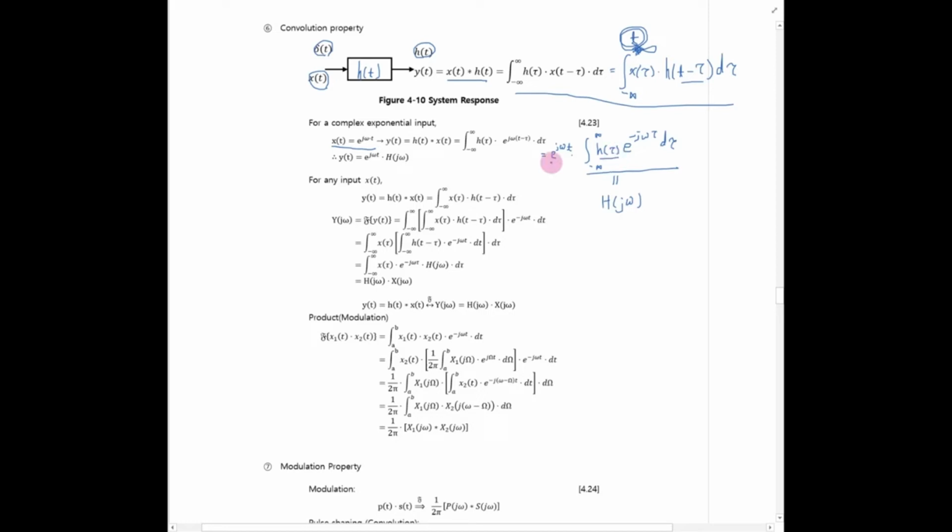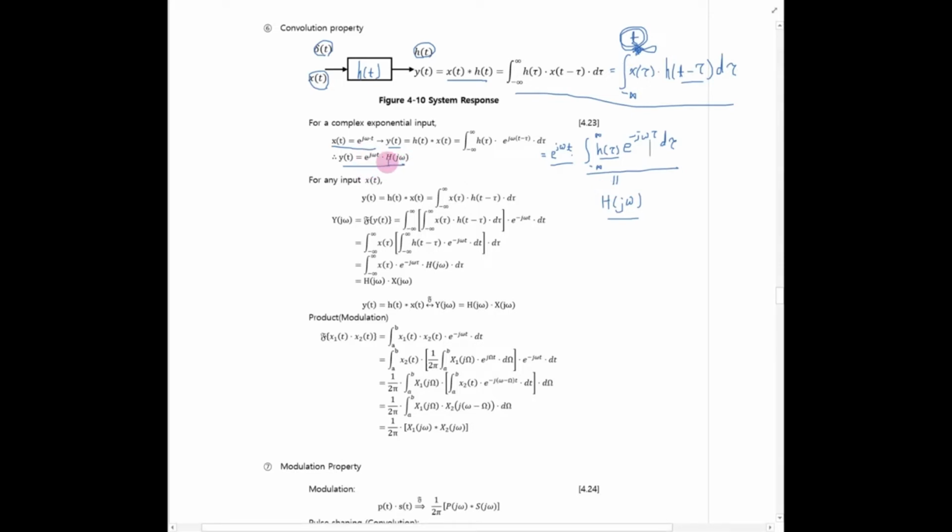So we can express the output y(t) as a product of the input and H(jω). If the input is a complex exponential signal, then the convolution is very easy. If we express the impulse response as H(jω) by taking the Fourier transform, then H(jω) times the input signal is directly the output: H(jω) times e to the jωt.